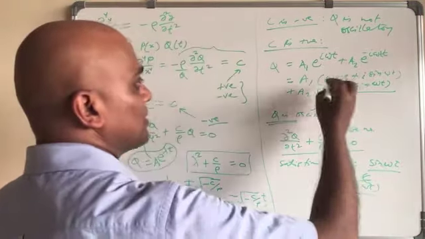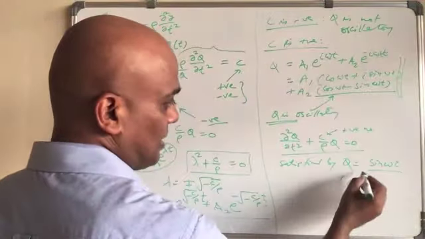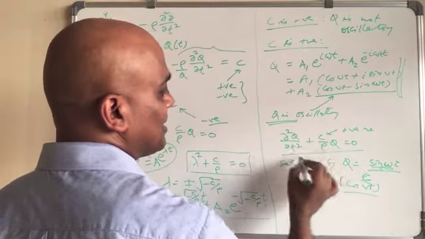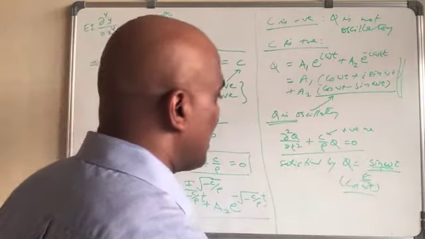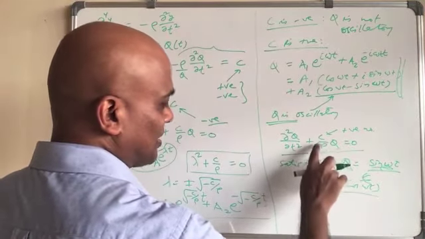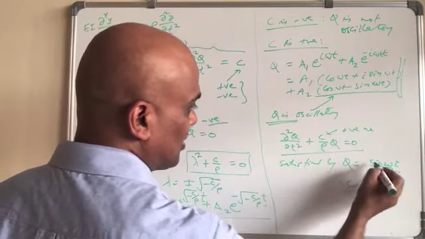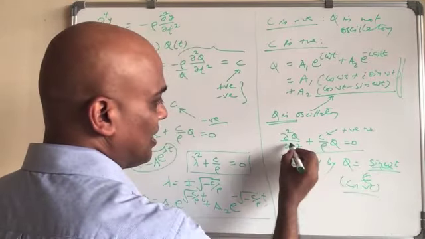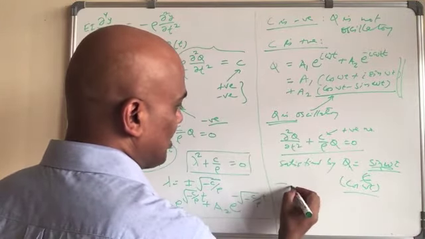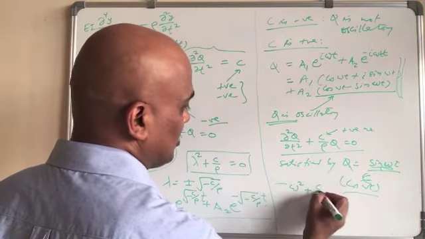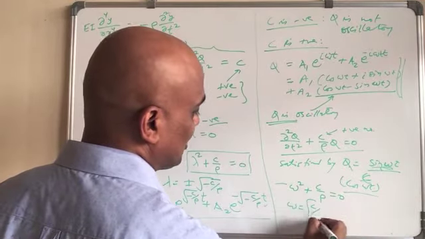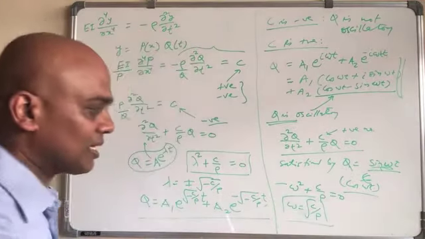This is the general solution in complex format, but you can also choose just one of them, like sine omega t. If you put it here, you get minus omega squared plus C over rho equal to 0, hence omega equals root C over rho. So this is what you get automatically.